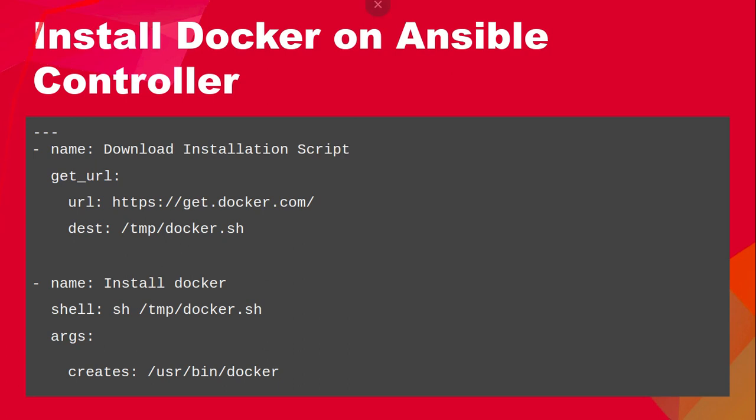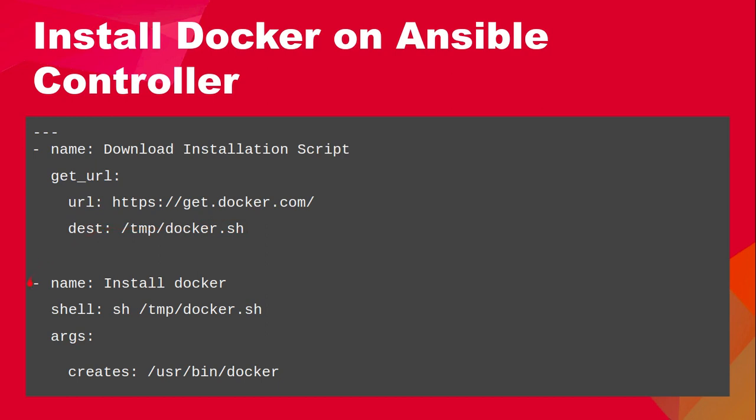So I'm creating one task; the name of the task is download installation script. On the get.docker.com URL, which is the URL I am giving, the destination is temp docker.sh. This get_url module will get this from that particular URL. It will download what is nothing but a Docker installation script.